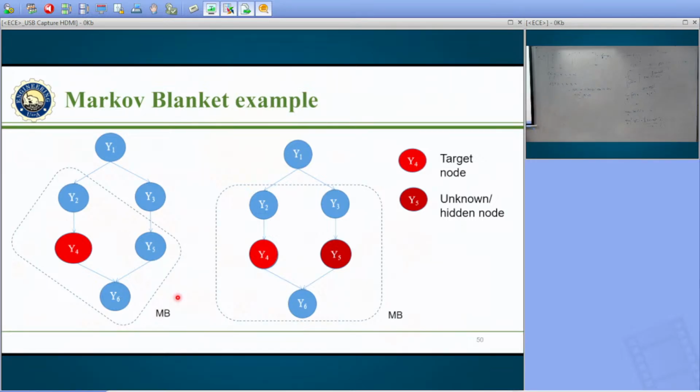So that gives an advantage. If this information is already coming here, why do I need to again incorporate this variable? I don't need to. Got it? Okay. So once you do that, you can come up with a joint density function. So the next task is to assign what this joint density function looks like.